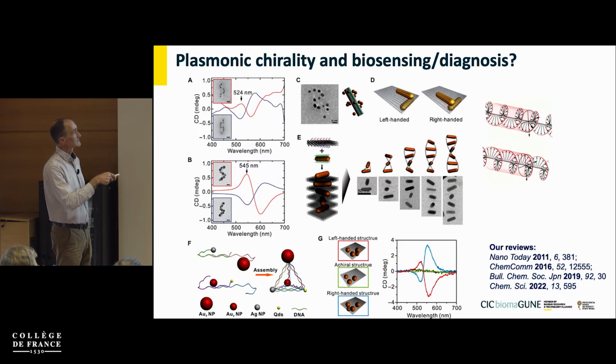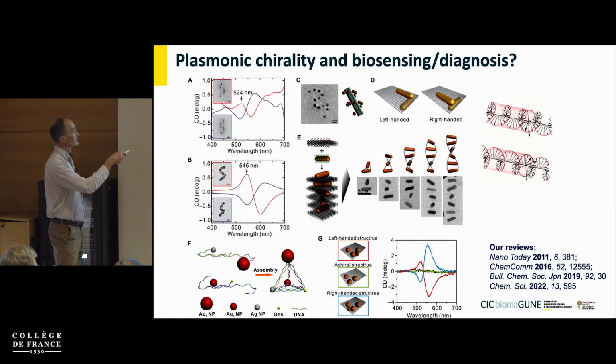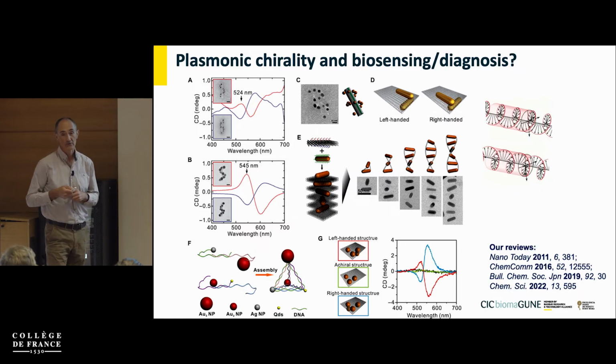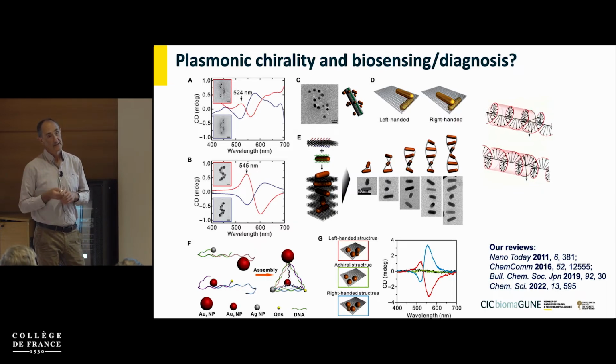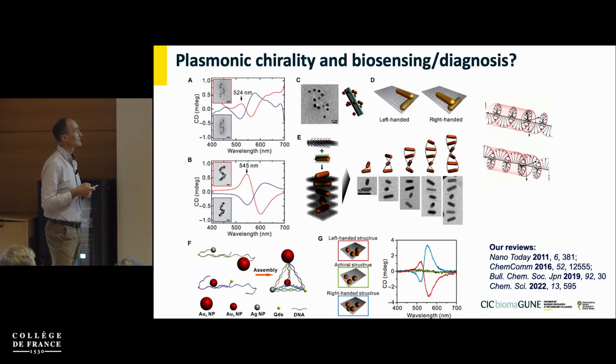In all cases, the chirality of the superparticle structures gives rise to circular dichroism at the wavelengths that are specific for the plasmonic particles.